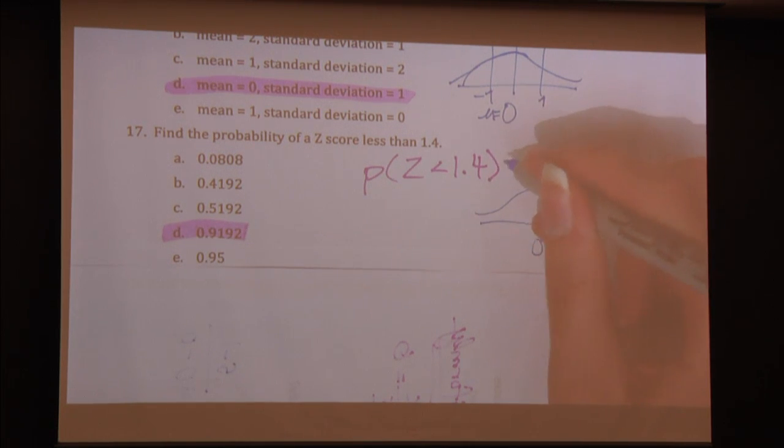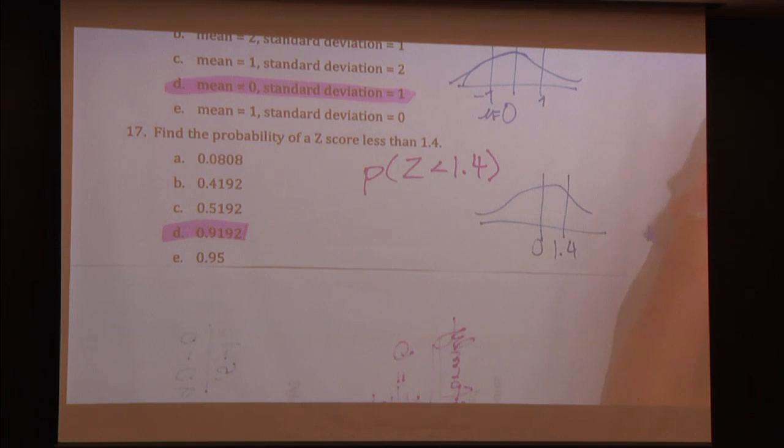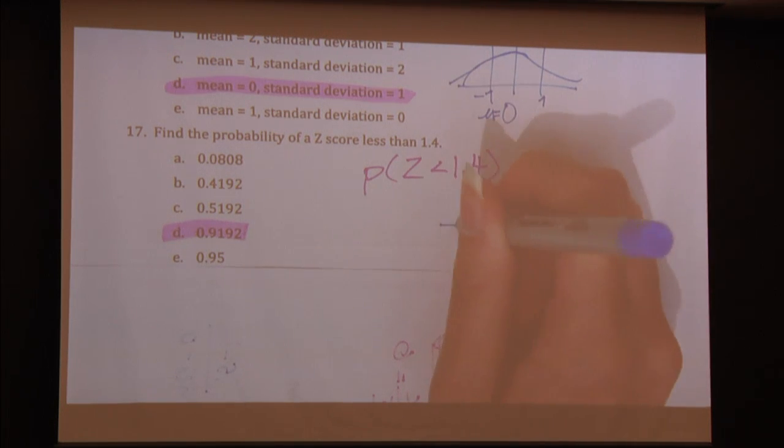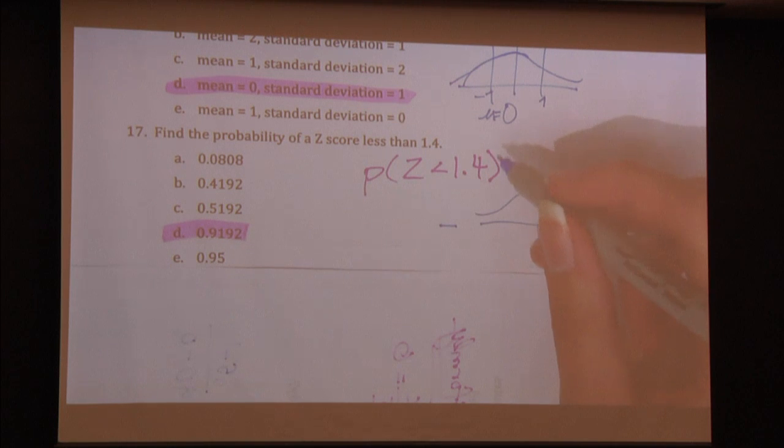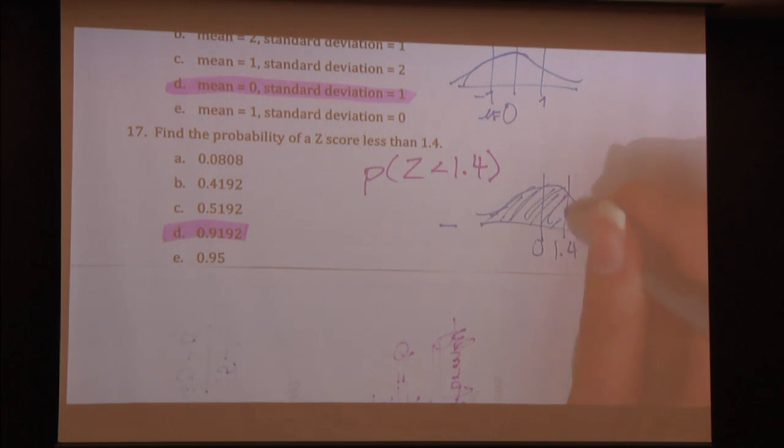So is that 1.4 to the right or left? So the right. So we said before when we're talking about skew, usually going right, you're going positive. Left is you're going negative. So we asked for less than 1.4. So all the area in here. So how do we find that area?